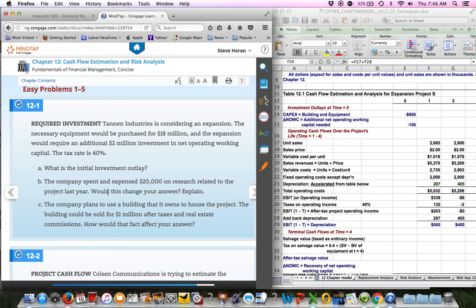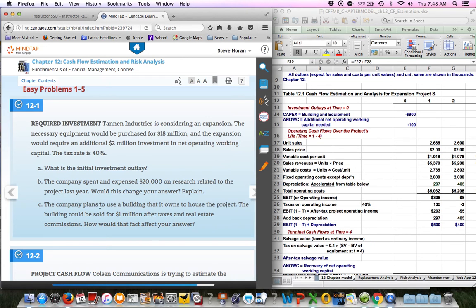So we only focus on incremental cash flows, which are cash flows that have changed somehow from the base case to the new scenario. That's happened in the past. Nothing we do about this $18 and $2 million investments will change that. So it's a sunk cost that we would not charge to this particular project.